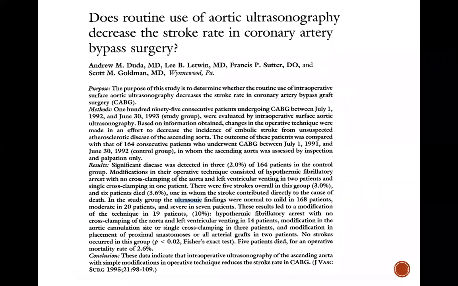Another paper asks: does the routine use of aortic ultrasonography decrease the stroke rate in coronary artery bypass? Even in this paper, in patients with CABG, just a simple modification after using epiaortic ultrasound led to a decrease in the stroke rate in that specific cohort of patients.